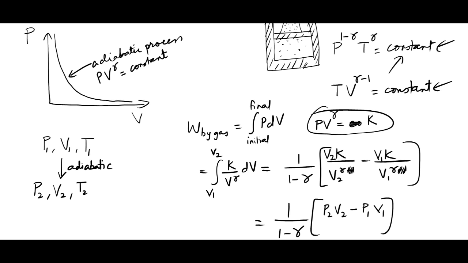So let's imagine that the initial state is over here, state 1. So for example, that would be pressure P1, and that would be volume V1. And likewise imagine that state number 2 is over here, so V2 and P2 would be the coordinates of that point 2.